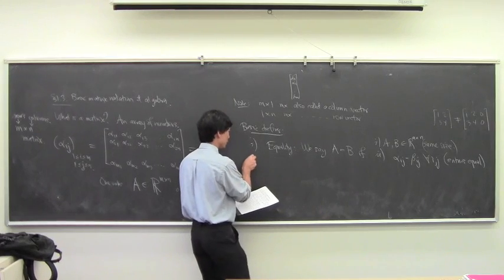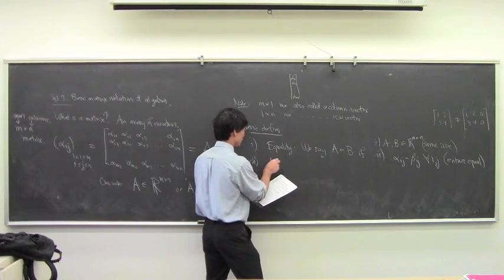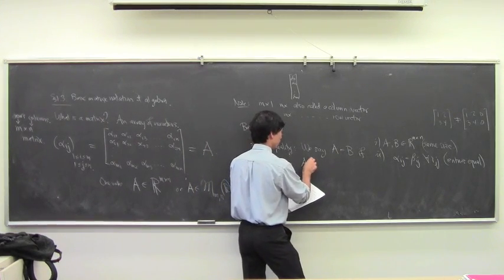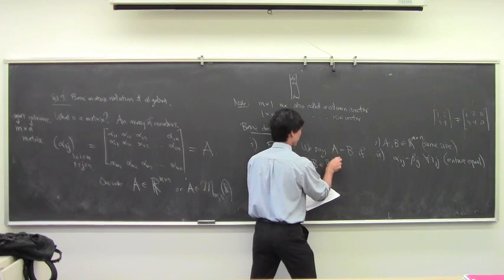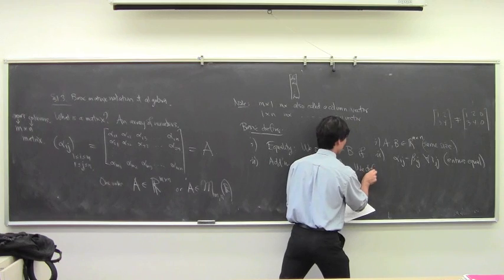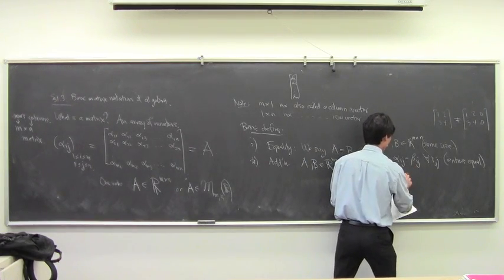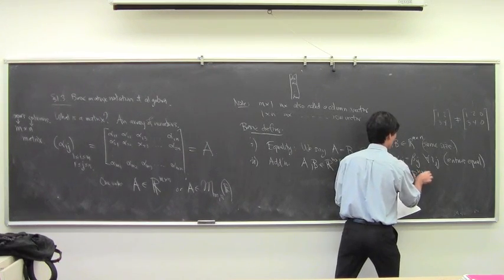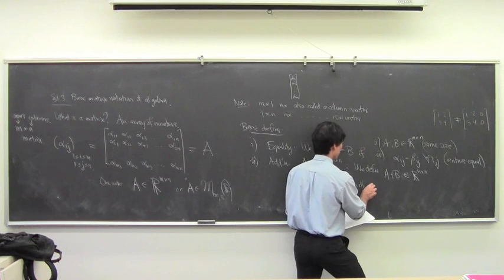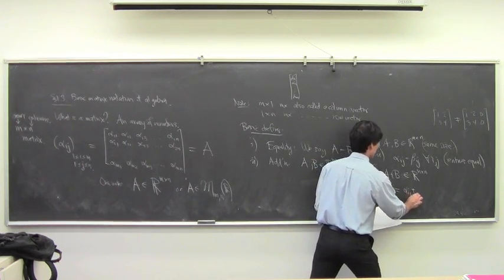Number two, how do we define matrix addition? Let's say that A and B are the same size. It's sort of what you expect. We define A plus B to be the m by n matrix with entries gamma ij equaling the sum of the corresponding entries.